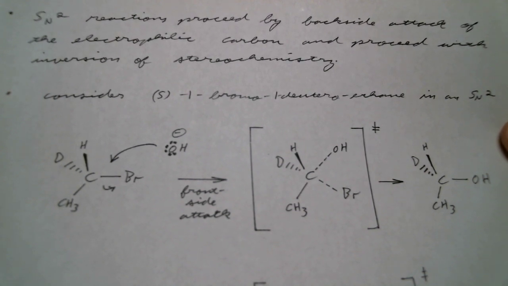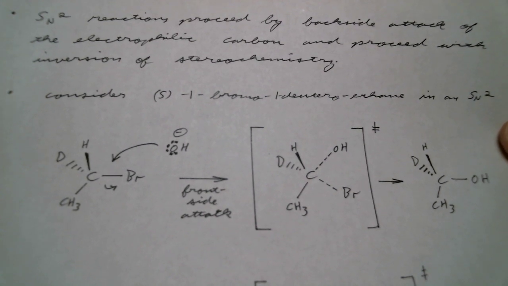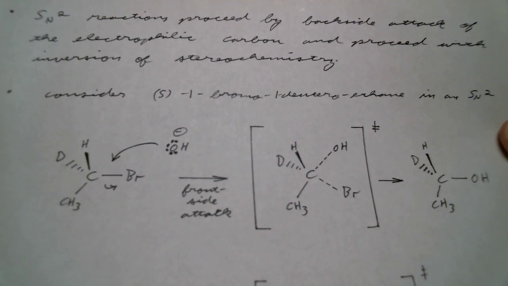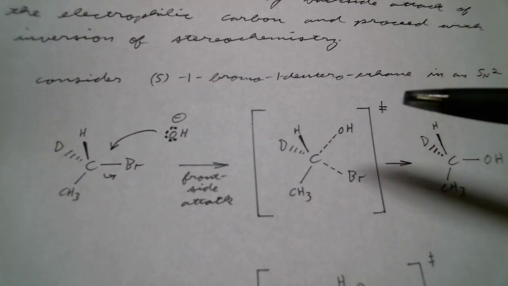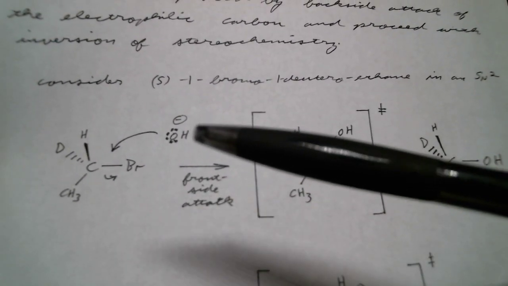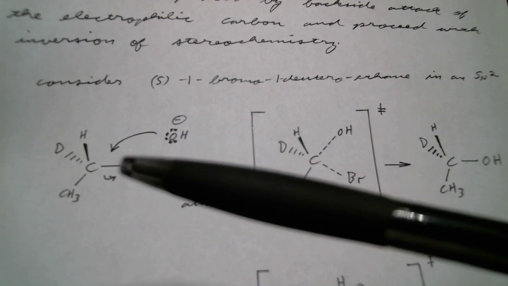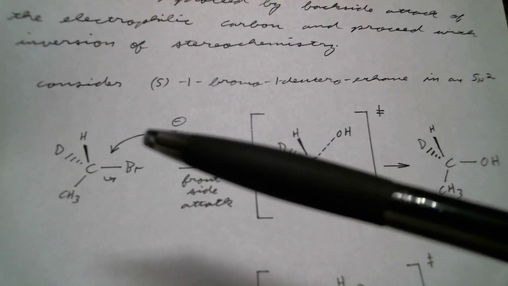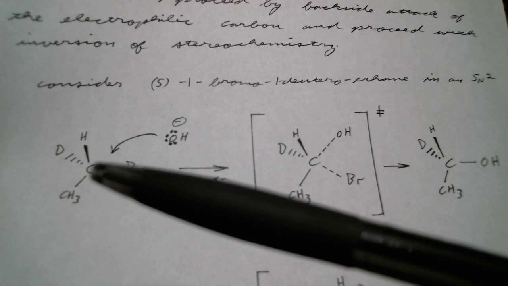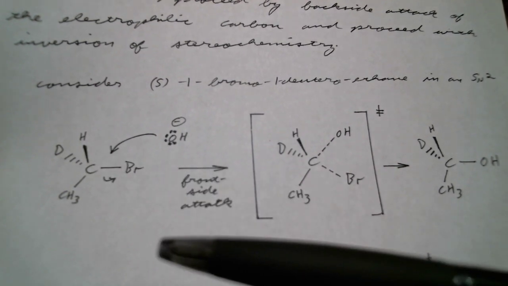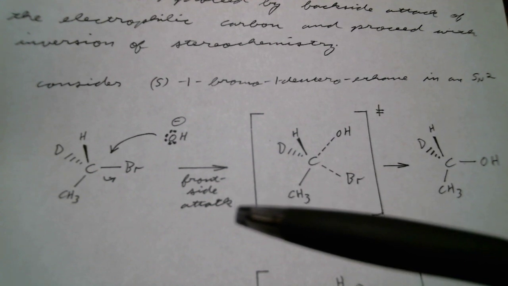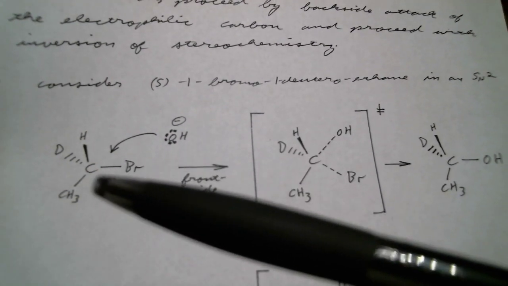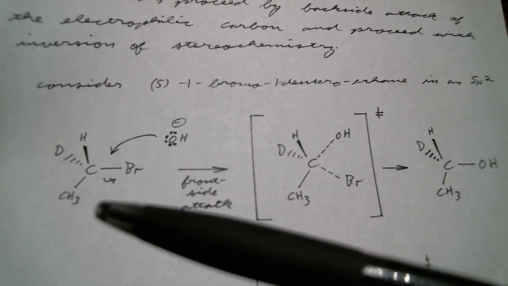So let's consider S-1-bromo-1-deuteroethane in an SN2 reaction. Well, here we've got hydroxide, and our hydroxide nucleophile appears to be, in terms of this arrow pushing mechanism, trying to form a bond with the carbon and kick out bromide. This would be geometrically an example of a front side attack of our nucleophile on our carbon electrophile.